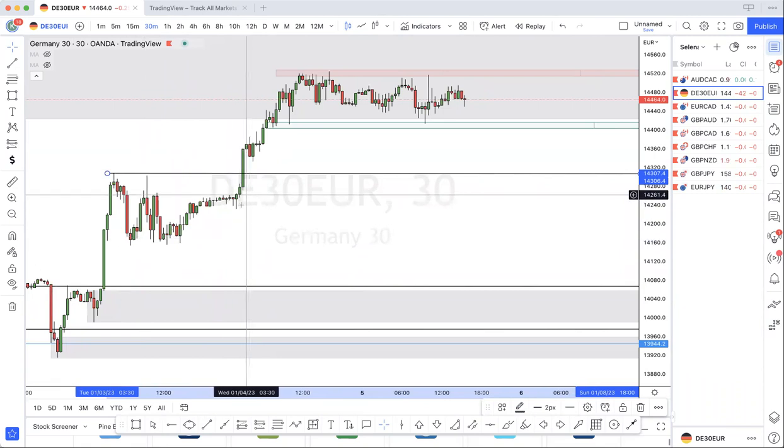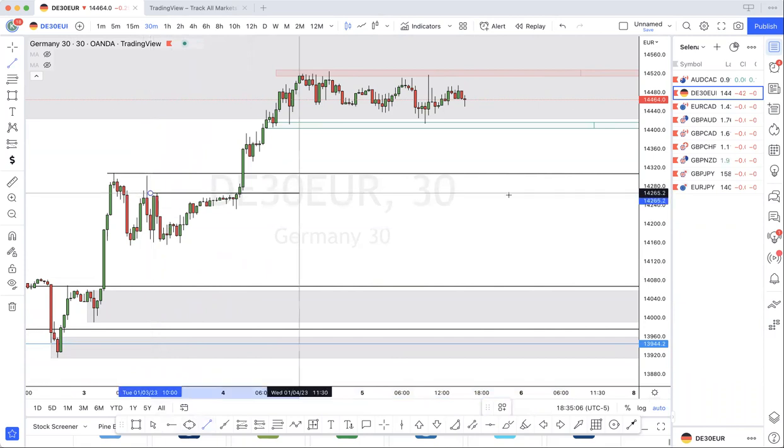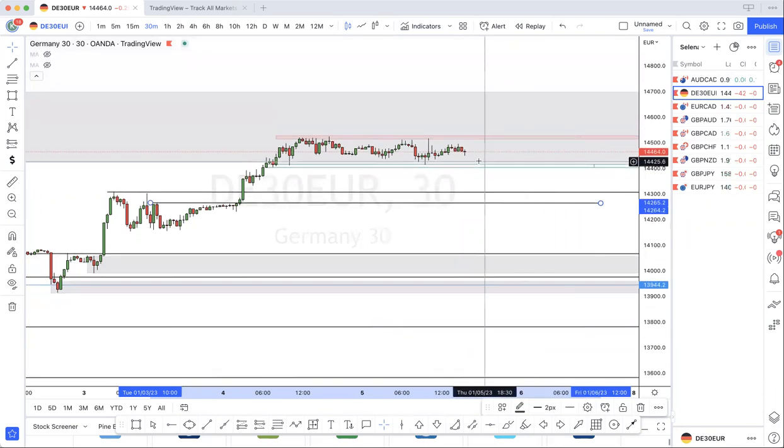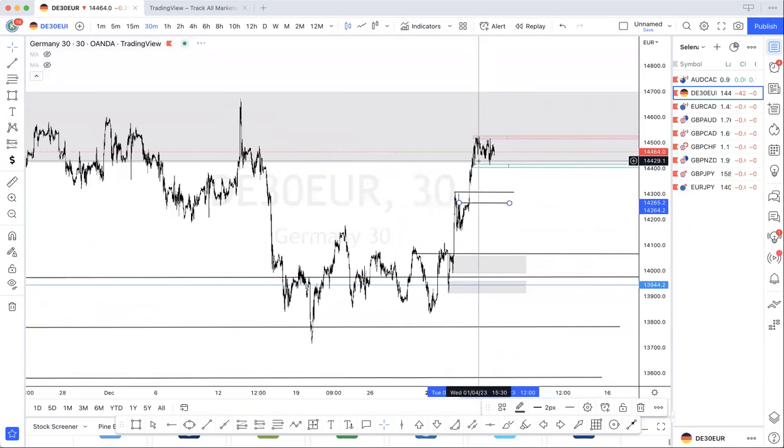It may come close to this imbalance, which is also this break of structure here. So if it breaks here, you can probably sell it down to here. If it breaks above here, then you can continue buying it up to at least this high right here.